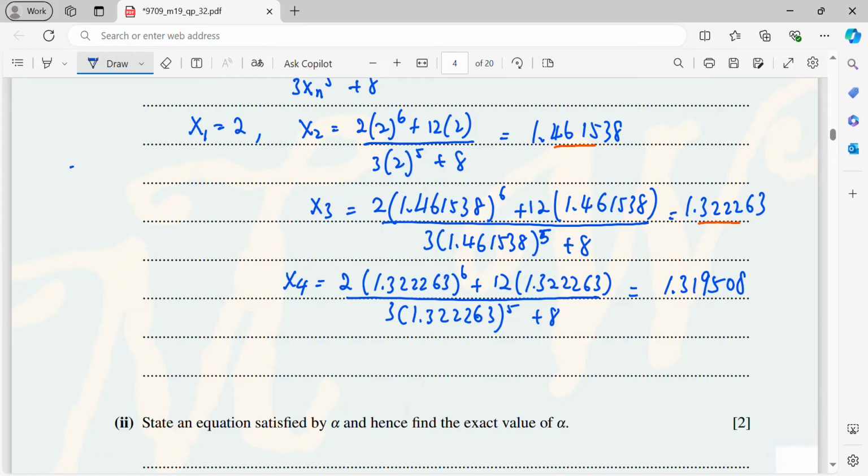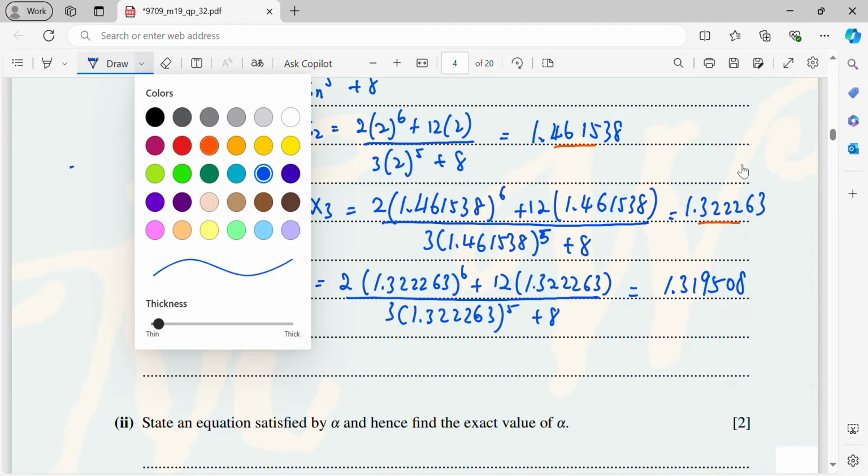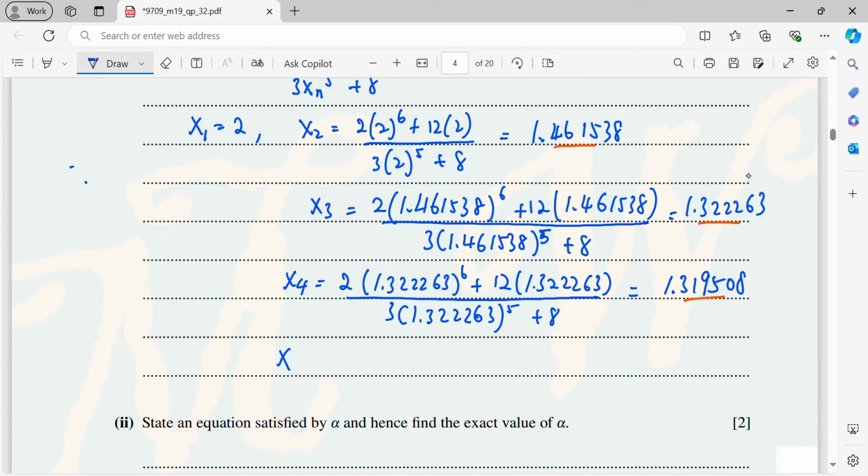There's your x4. Okay, so now again they are not the same. Then now just continue for our next calculation, x5.